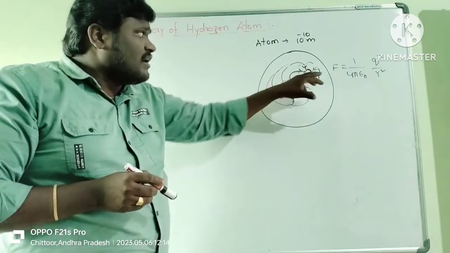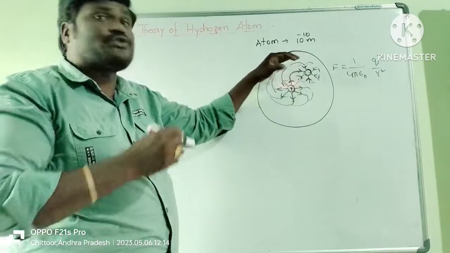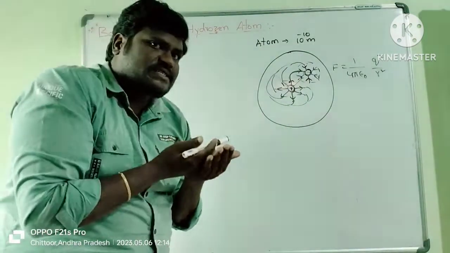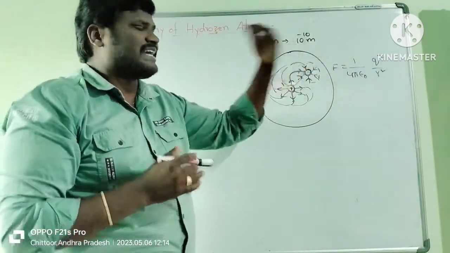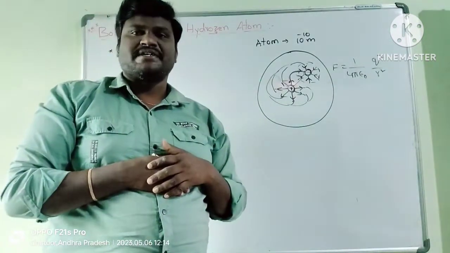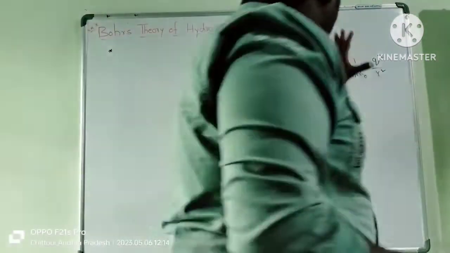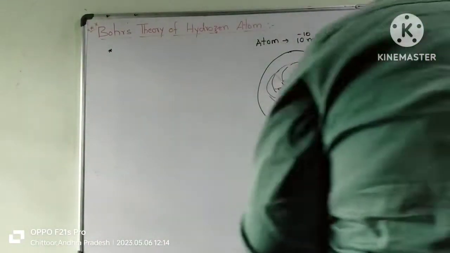In this way, this force is called the Coulombic attraction force, and it makes the electron move. Which force makes the moving of an electron? The Coulombic attraction force, by the electrical lines of force continuously. Due to that, the electron starts to revolve around the nucleus continuously.